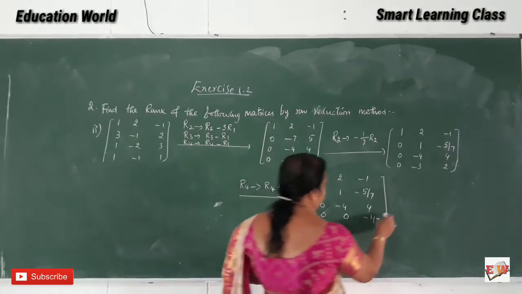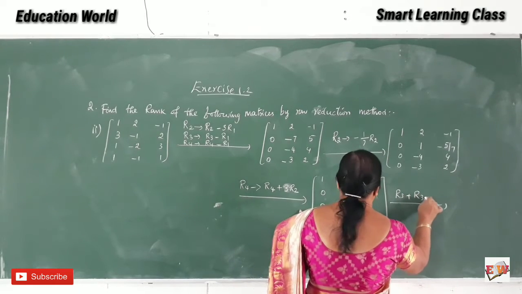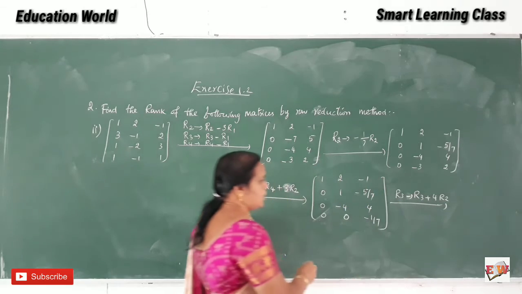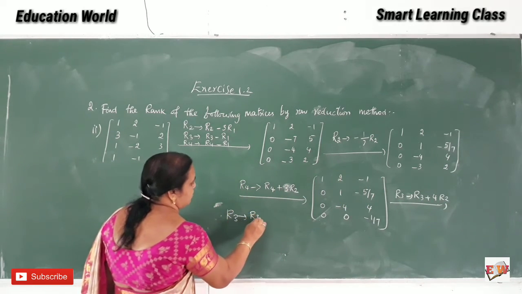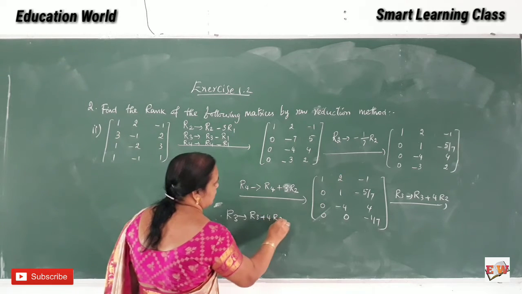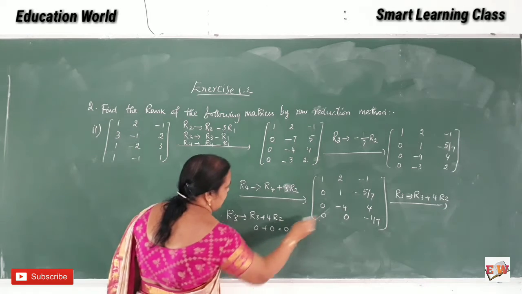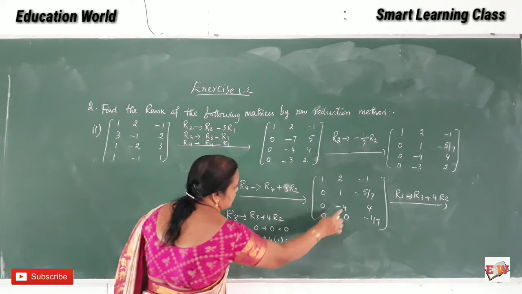Now we are going to change this R3 plus 4R2. See, R3 plus 4R2 means, what is this? 0 plus 0, 0. R3 minus 4 plus 4 into 1. This term 0.